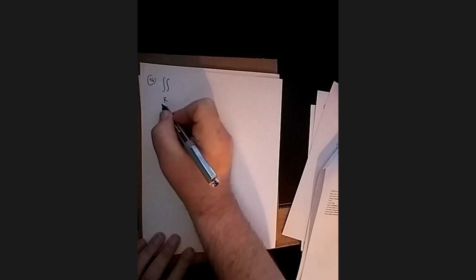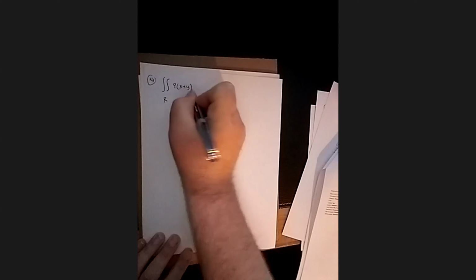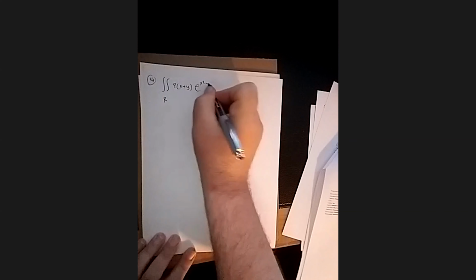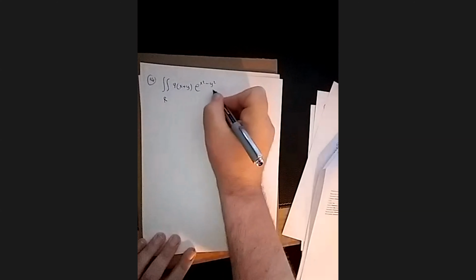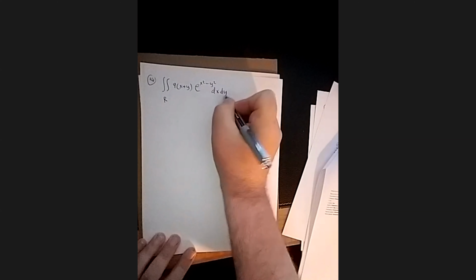So we're doing in question 14 a double integral over a region R. In my question, it has 9 times (x plus y) e to the power of x squared minus y squared dA, I'm just going to call that dx dy because that's all it's a code for.